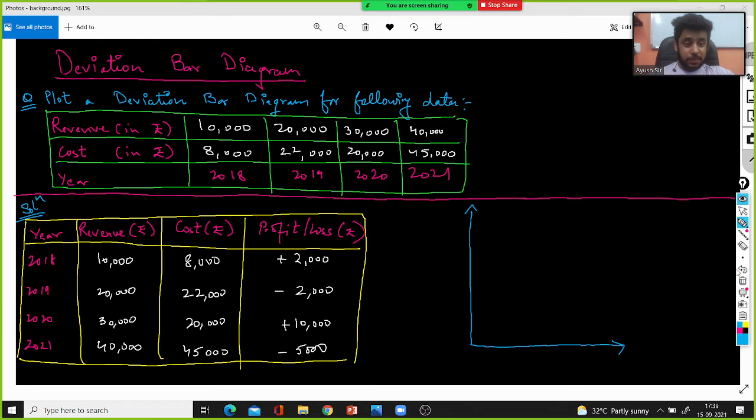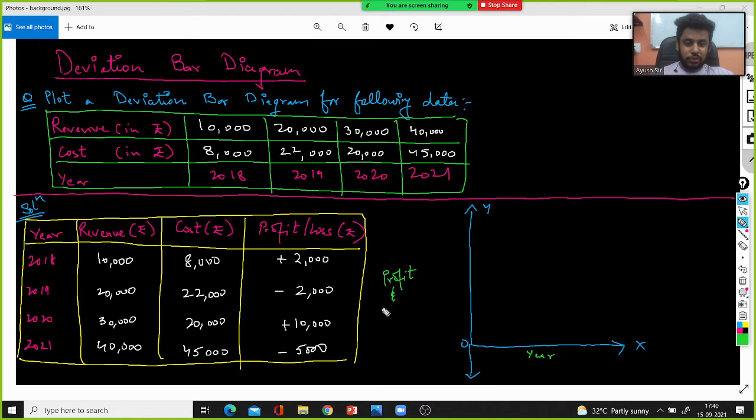Now for this particular diagram I need negative also, because I am given losses also, right? So this is the origin, x-axis, my y-axis. Now my attribute is year. किस year की बात हो रही है? Attribute is year over here, and my profit and loss is to be put on the y-axis.